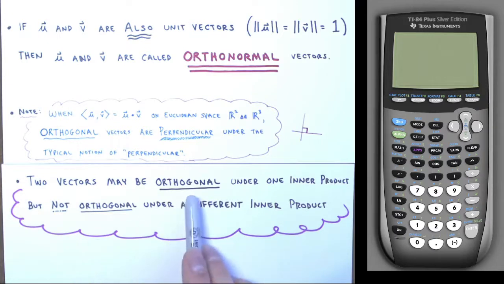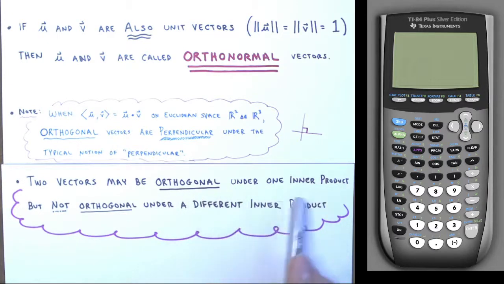Their inner product under one may be 0, but under a different inner product may not be 0. Again, that's why I'm not going to throw around the word perpendicular too often. We'll stick to orthogonal for the most part.